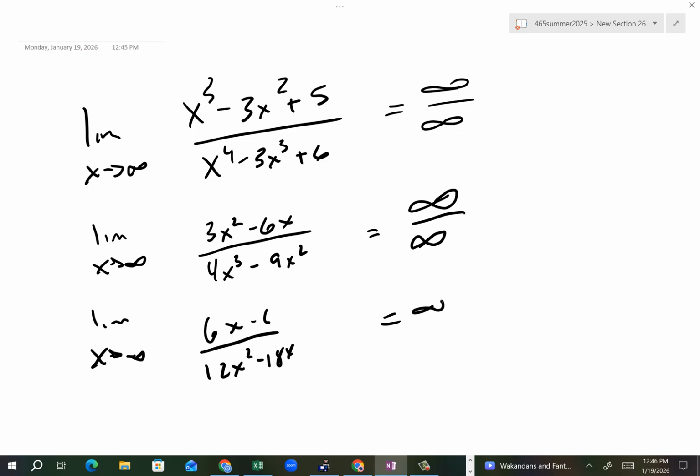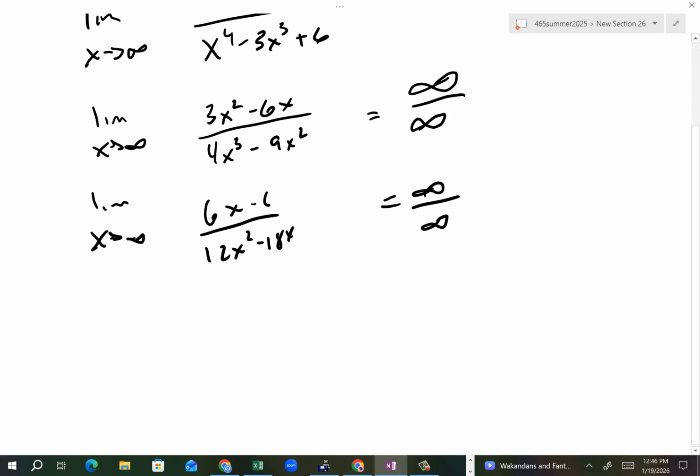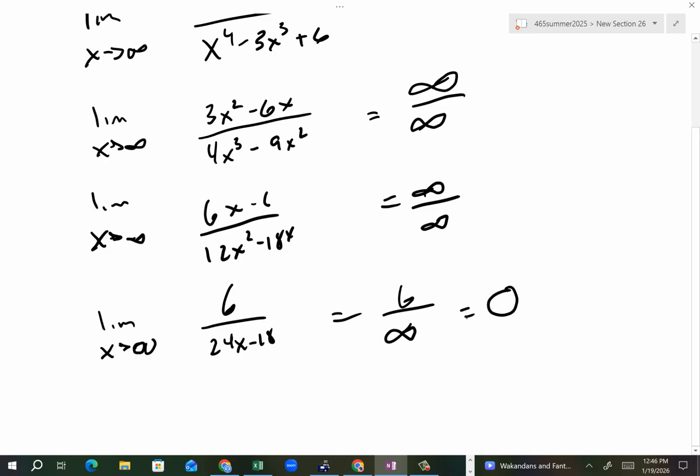It's still infinity over infinity. Try again: 6 over 24x minus 18. The limit as x approaches infinity is 6 over infinity, which is 0. You with me? 0. And you're like, that's it? I know.